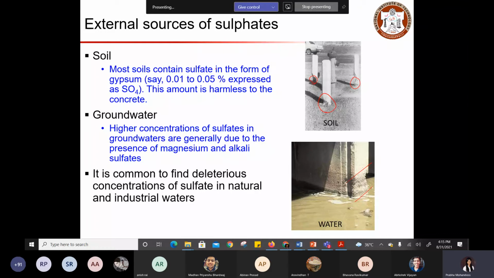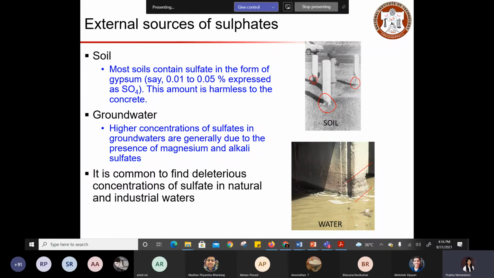Most soils contain sulfates in the form of gypsum, and when the percentage is at this level, it is harmless to the concrete. But when the presence of sulfate exceeds this limit, it could react with your concrete and lead to such deterioration.